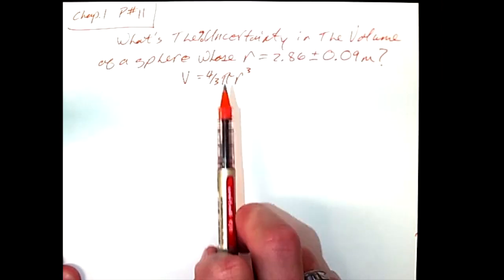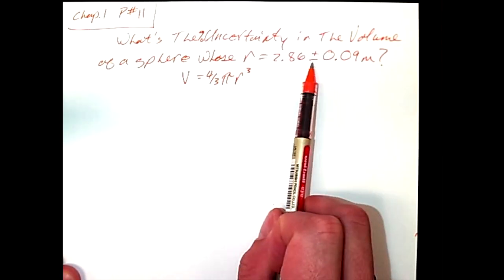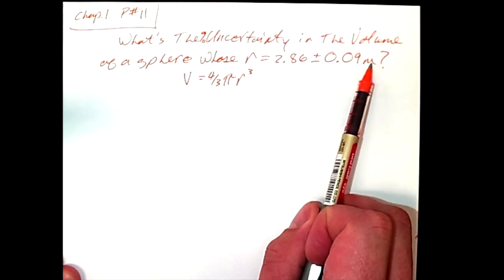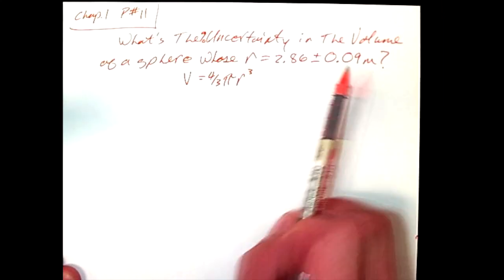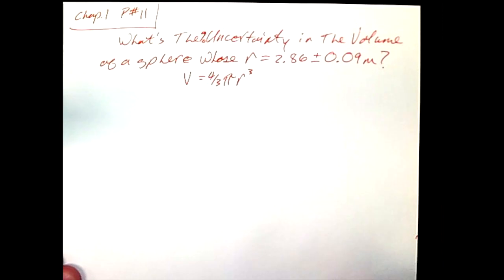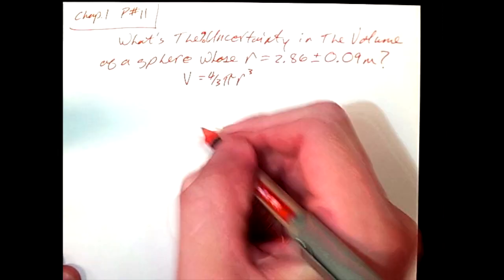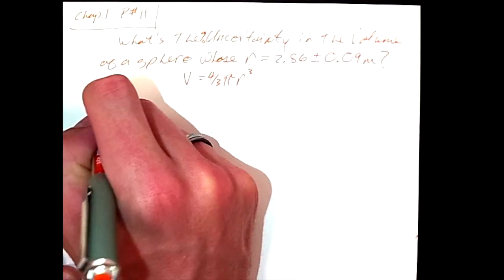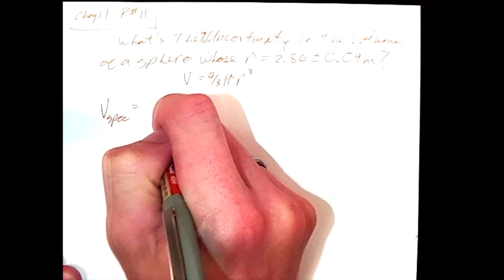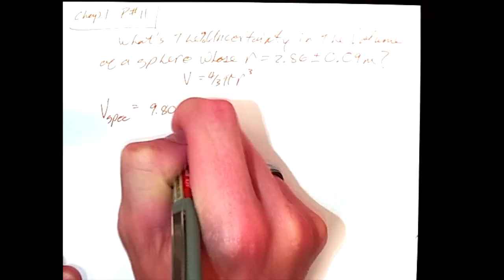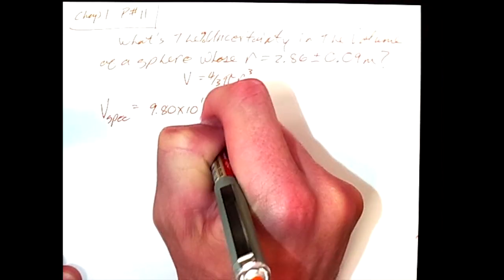The maximum value is going to be 2.86 plus 0.09. The minimum value is going to be 2.86 minus 0.09, and of course the specific value ignores the uncertainty for the time being. Running those calculations, I've calculated the specific value as 9.80 times 10 to the first meters cubed.